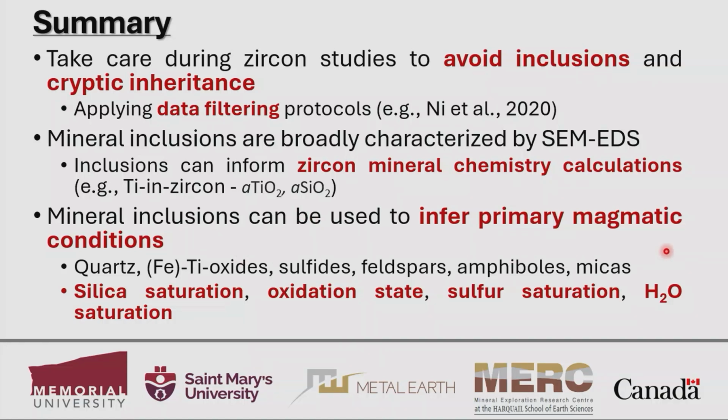Observing things like quartz, iron-titanium oxides or titanium oxides, sulfides, feldspars, amphiboles, and micas, they all directly relate to magmatic conditions related to silica saturation, oxidation state, sulfur saturation, and water saturation. That is an important part of what we're investigating to understand how VMS endowment and magmatics coincide.